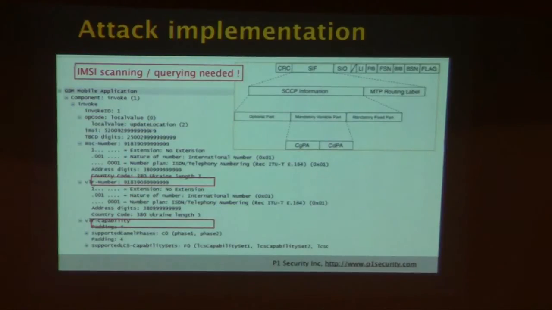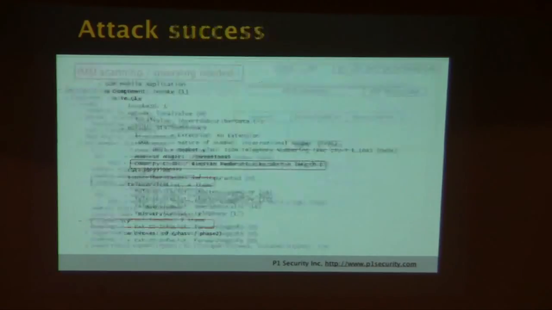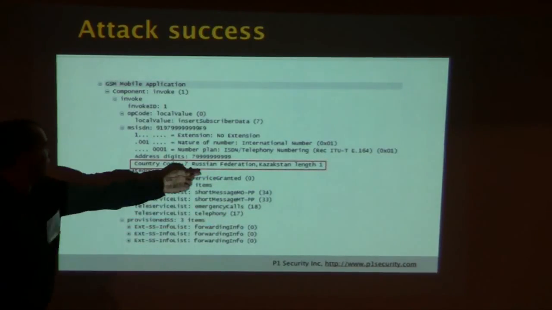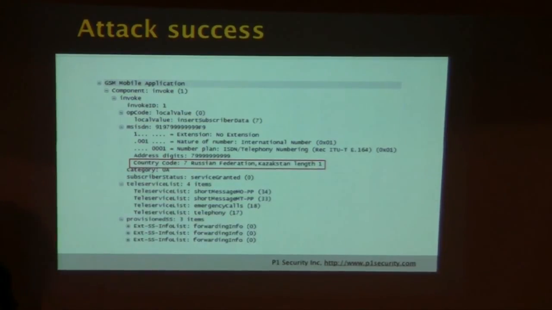So you see, in terms of signaling, there's not really the kind of security that we have the ability to witness or anticipate. And here, for example, okay, I'm directly in the Russian Federation, in Kazakhstan, and this is going to be my MSISDN. Basically, I cannot do anything.